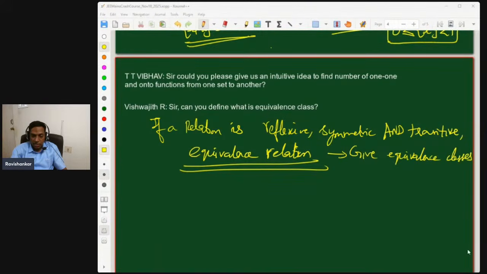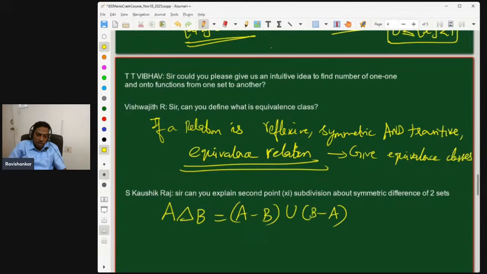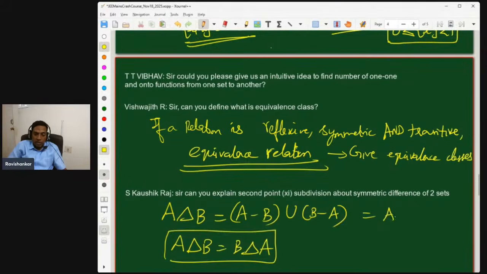Then Kaushik Raj has asked, can you explain the second point, 11th subdivision, about the symmetric difference of two sets? Okay. A delta B, the symmetric difference, is equal to A minus B union B minus A. It's called symmetric difference because A delta B is B delta A. And this is A intersection B bar union B intersection A bar.